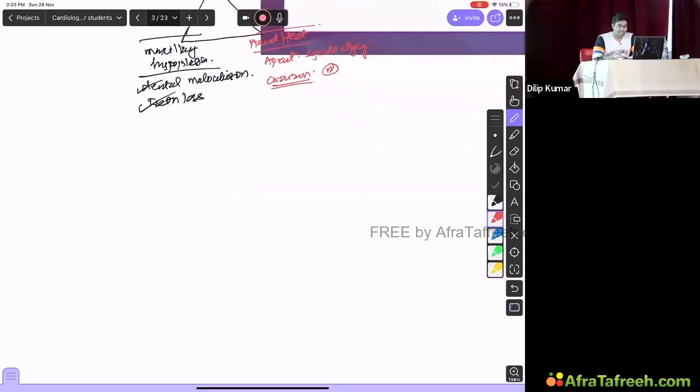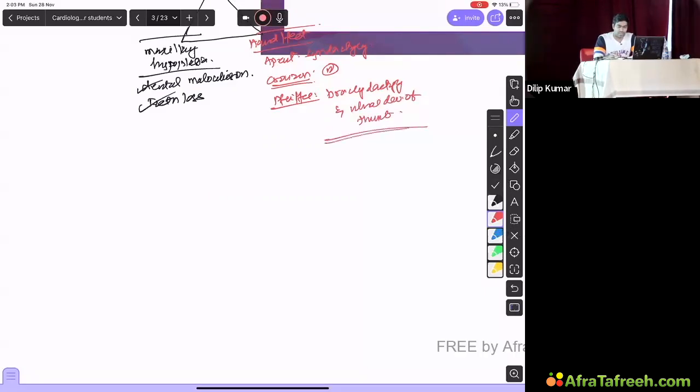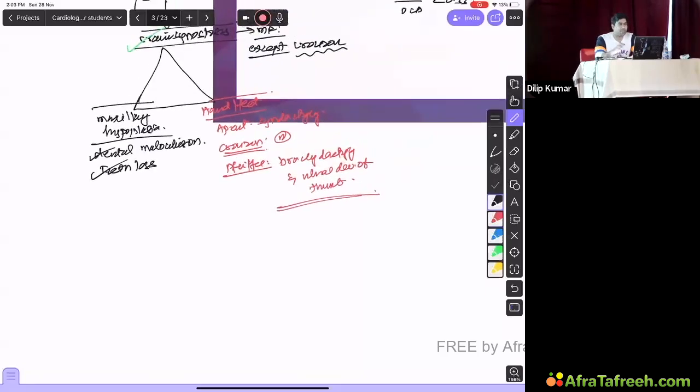Then we have Pfeiffer syndrome. In Pfeiffer syndrome there will be brachydactyly, and probably we can say ulnar deviation of thumb. Pfeiffer will have brachydactyly, whereas Apert will have syndactyly.